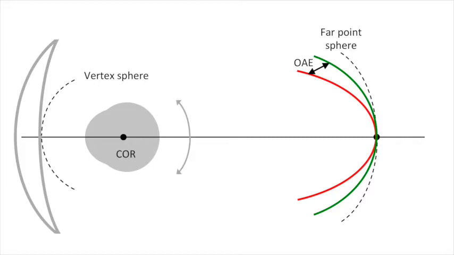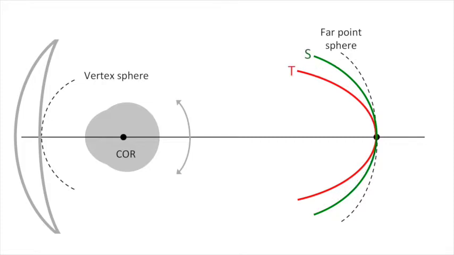We can also think of a mean sphere, or a mean spherical equivalent, representing the average of the sagittal and the tangential powers. Now, the distance that this deviates from the far point sphere at any particular angle is called the mean oblique error, or the field curvature, or the mean power error. Again, all of those terms mean the same thing.